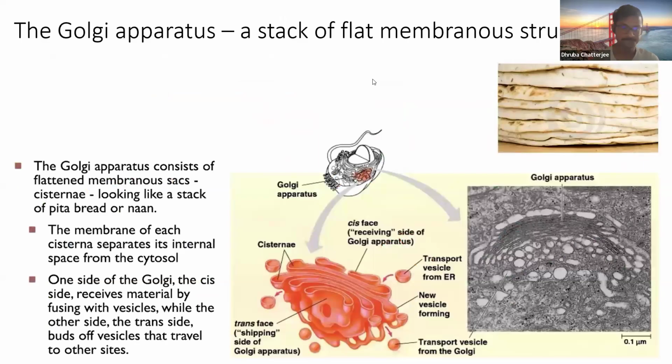So yeah, now let's look into the Golgi apparatus, right? As we've already mentioned, the Golgi apparatus, just like the endoplasmic reticulum, is also a stack of membrane-enclosed sacs, which are called cisternae, the Golgi cisternae. But the stacking of the Golgi cisternae is quite different from that of the endoplasmic reticulum cisternae.